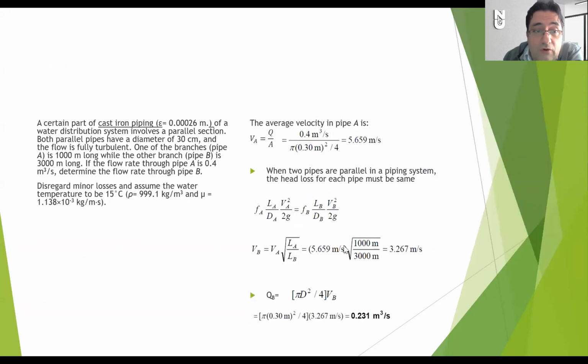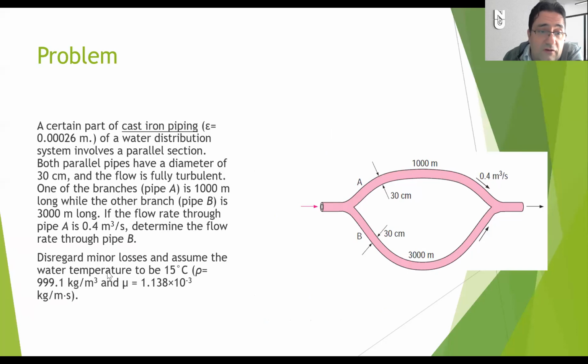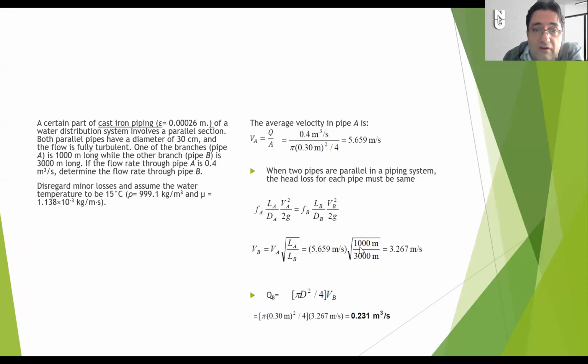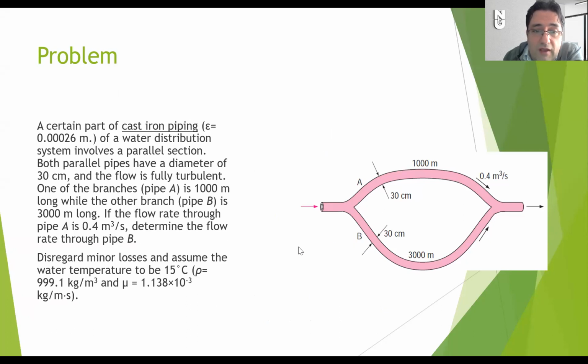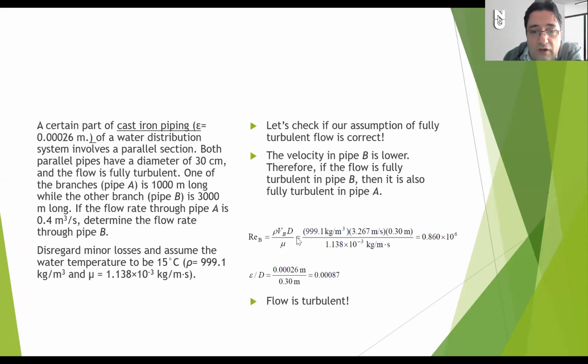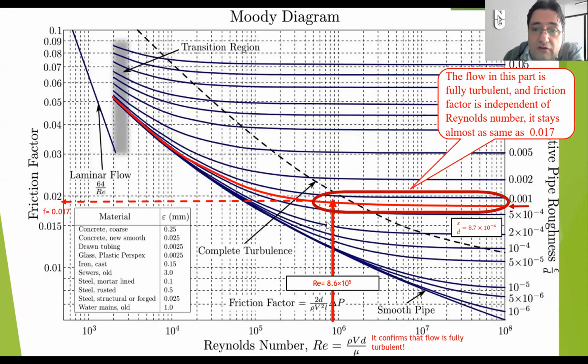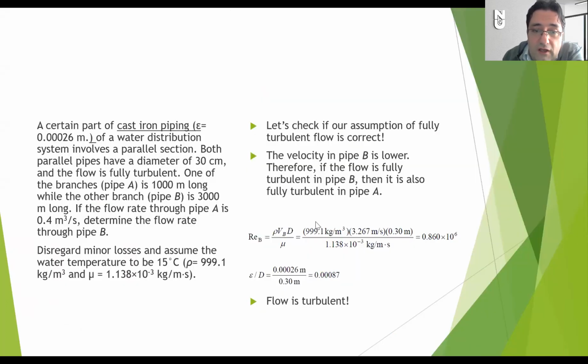In this question, the f value is not asked for you. The problem is solved at the moment. But I still want you to extend the solution by focusing on what the f value would be, and let's work a little bit using the Moody chart. It's also going to be a reminder for you of the earlier session.